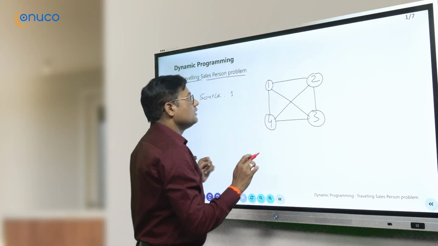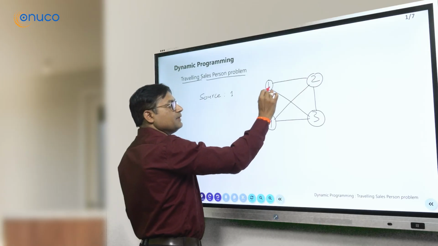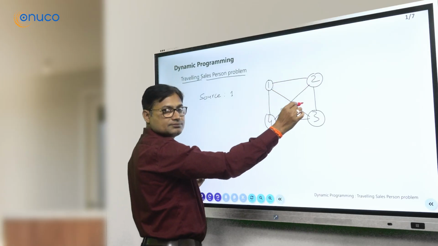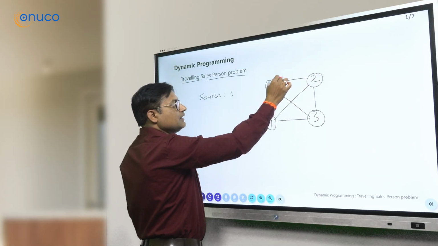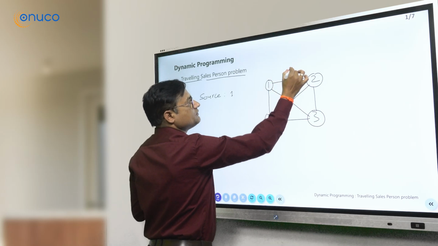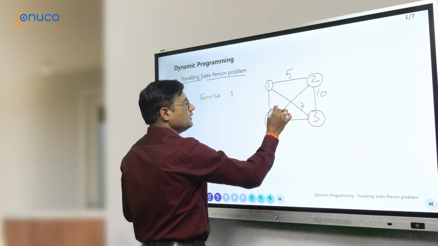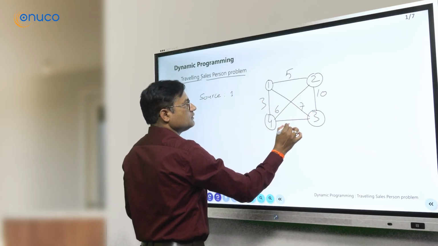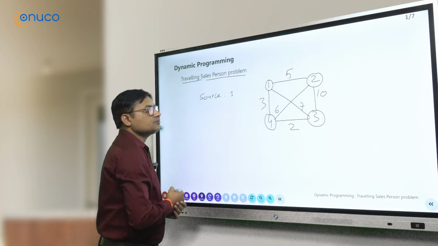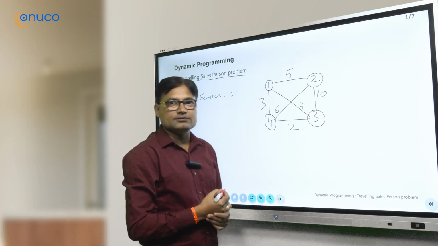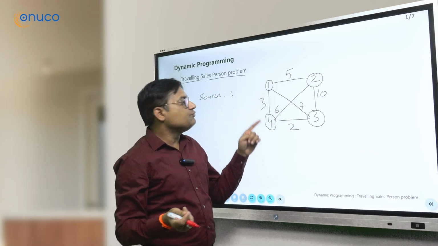Remember that here I have not mentioned any weight on the edges, right? If there is a weight, say here it is 5, 10, 7, it is 6, it is 3, it is 2, then it is called a weighted graph. It means in real life, what will happen?